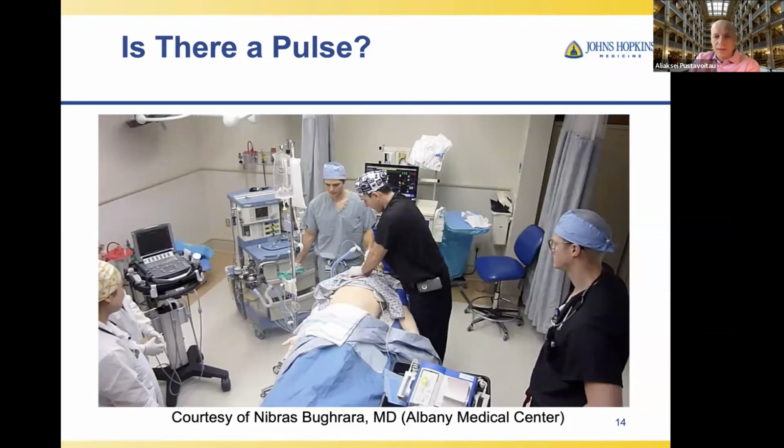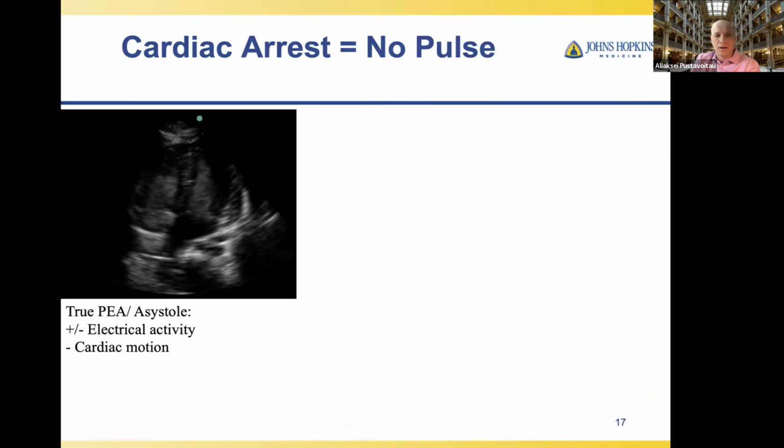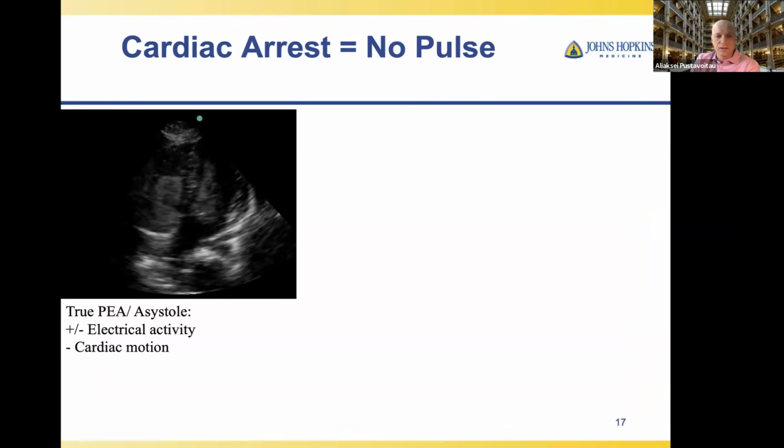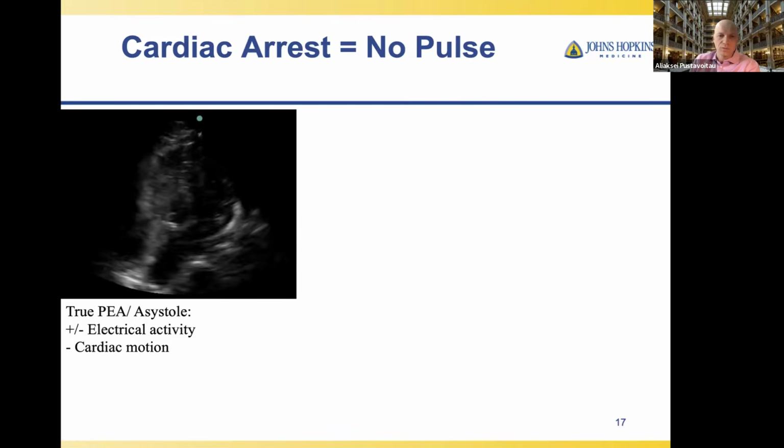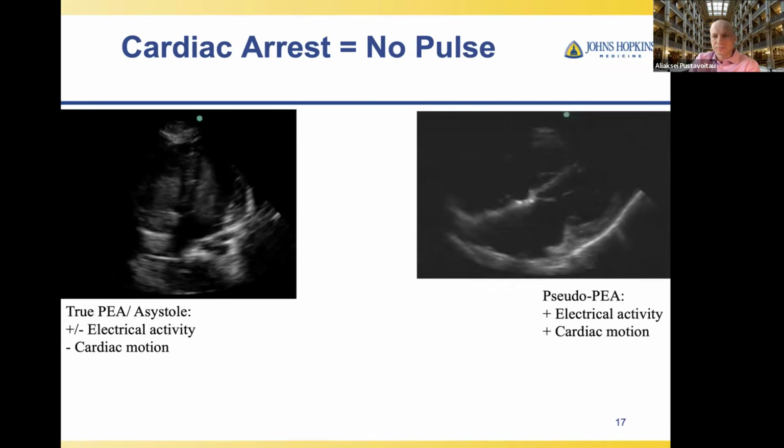So because of that, ultrasound can actually help tremendously. Those are the kind of scenarios we can see. In true PEA or asystole, you will see no electrical activity if it's asystole, or with true PEA, you will see electrical activity on EKG, but you will see no cardiac motion. That's what we can see in reality.